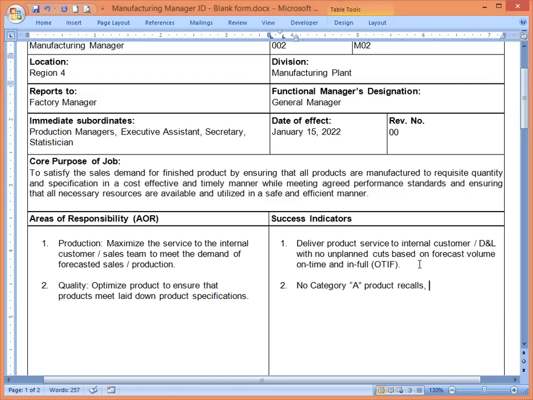So manufacturing has to be careful when producing products that there will be no reduction of quality, and that the materials and ingredients especially are handled safely and properly.